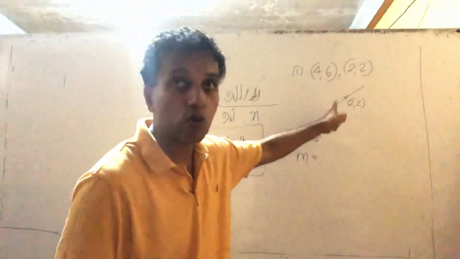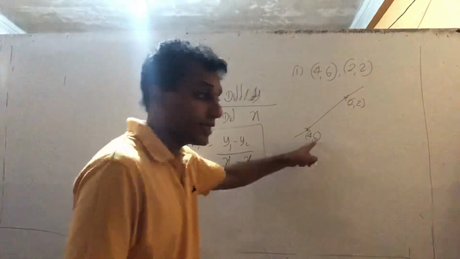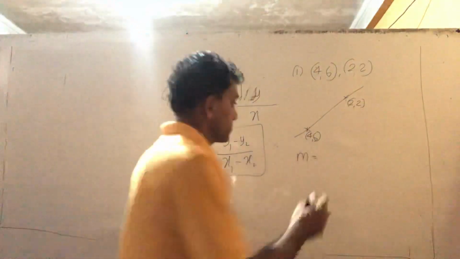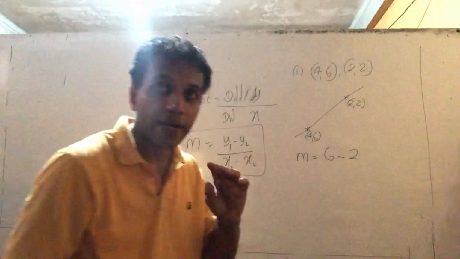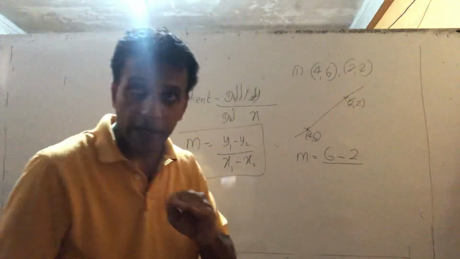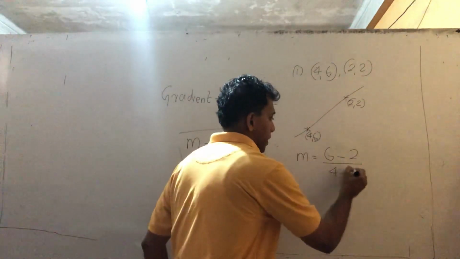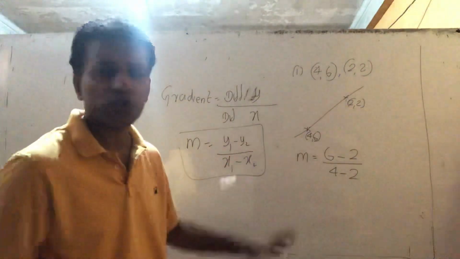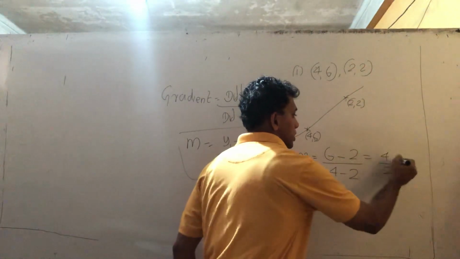Here x is 2, y is 2. Find the difference between the y values. I take the larger number first, 6, minus 2. I subtract the y values, and in the same order divide by the x values: 4 minus 2. Now simplify, that's all. So the answer is 4 over 2, that is 2.